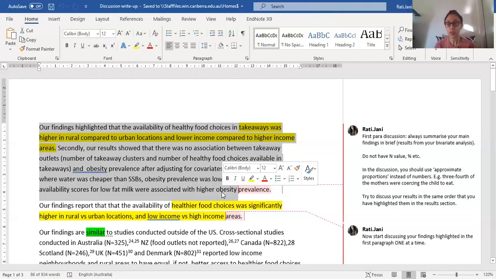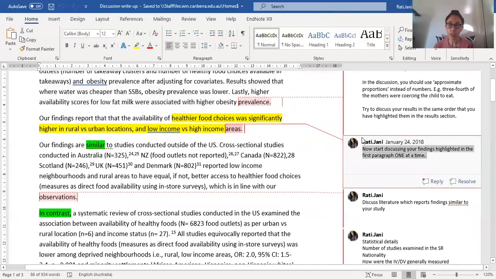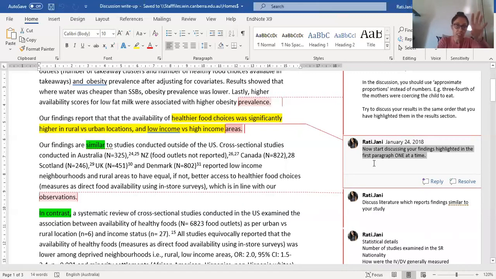Now look at this text box. It says to start discussing your findings highlighted in the first paragraph one at a time. Now this is very important, guys. You have done your SPSS analysis. From your SPSS analysis, you may have three key findings.